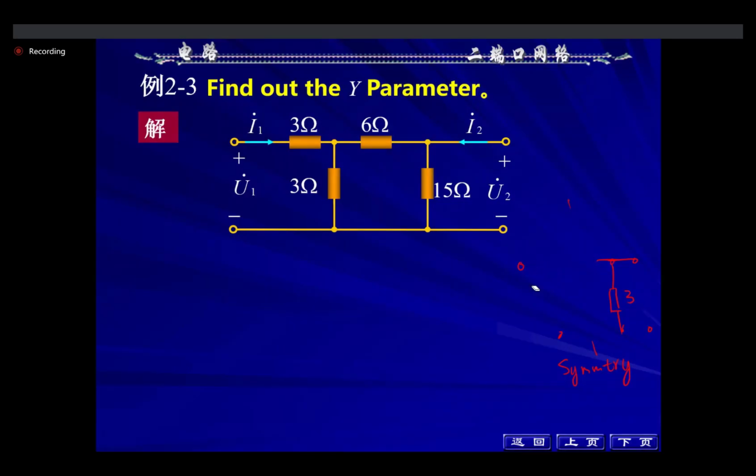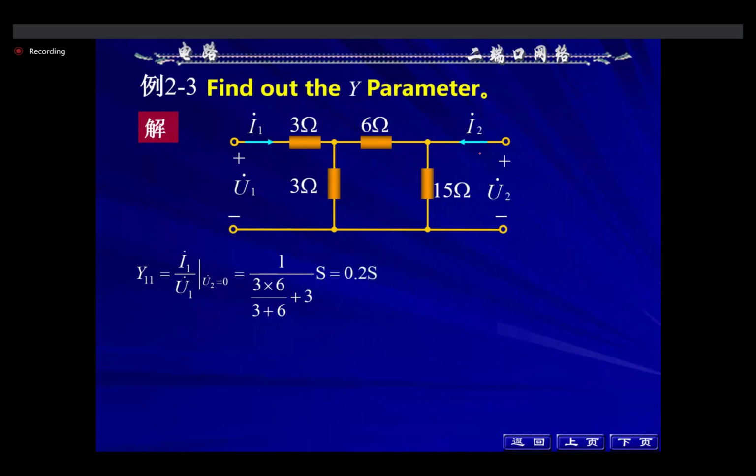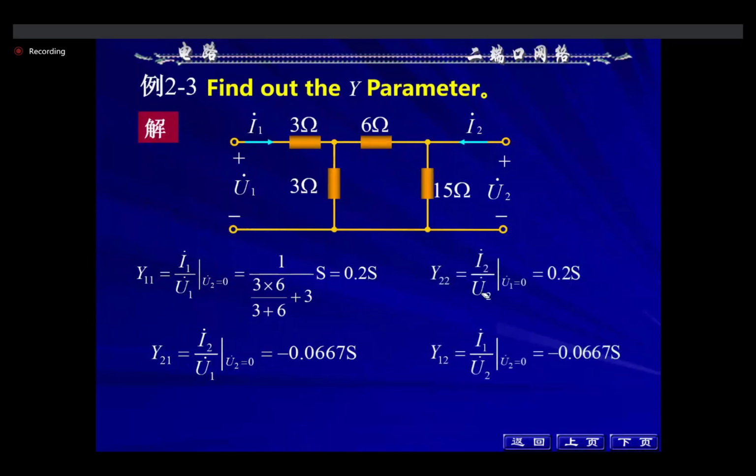But when we calculate the Y parameter, calculate Y11 and Y21 at first. Should connect the right side. When calculating Y11, should connect so 6 and 3 in parallel, and 0 with the 3. Then calculate the right side, should connect the left side, Y22, Y12.